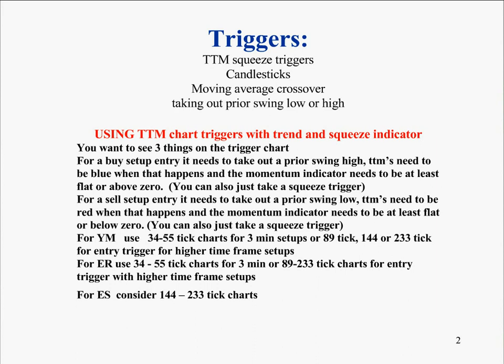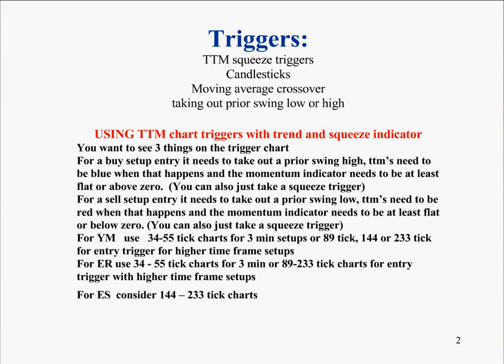So, for example, I would typically match up something like a 144 tick chart against a setup on the 15-minute chart, or even a setup on the 3-minute chart. As long as it's a lower time frame where you can see the micro swings in the market, that's all you need.